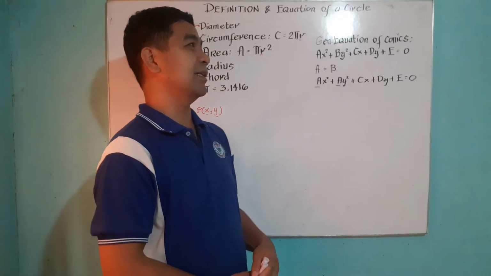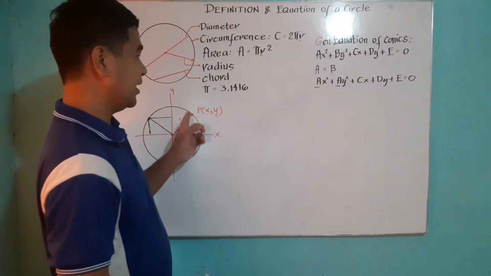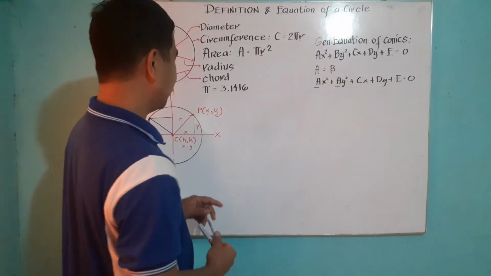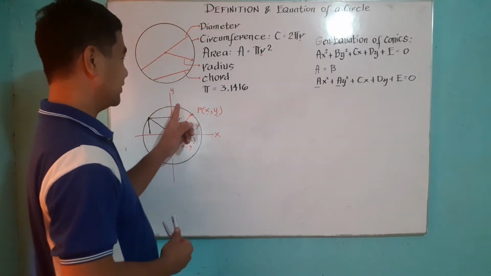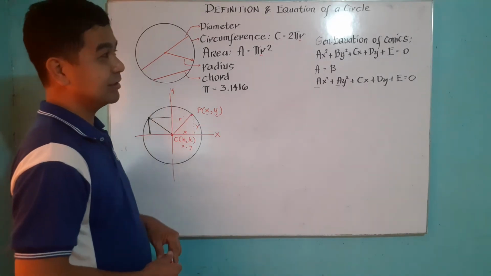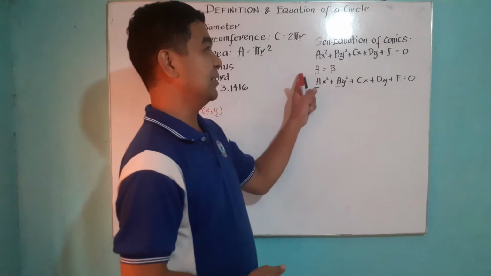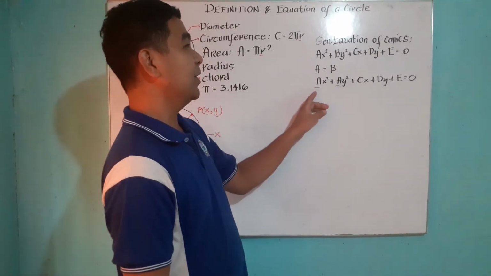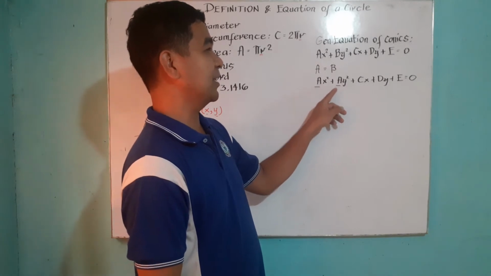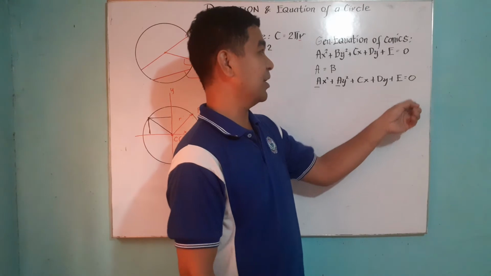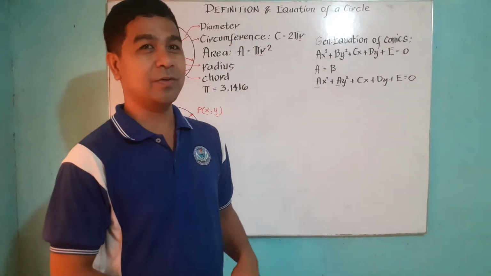But in a circle, since from the center any line is equidistant, meaning equal distances, like the clock, we say that A is equal to B, the coefficients. Therefore, ax squared plus ay squared plus cx plus dy plus e equals 0.